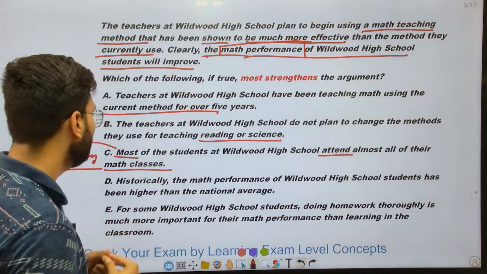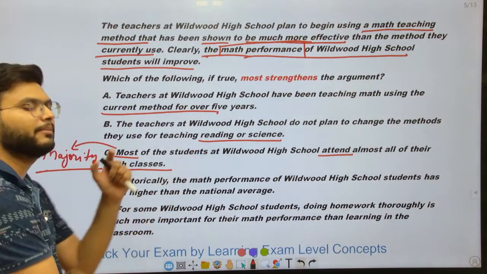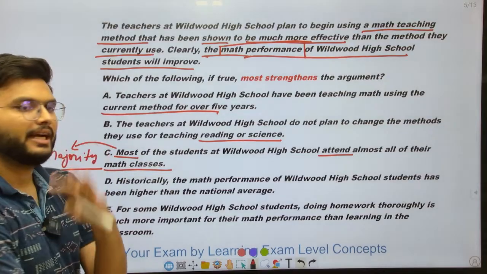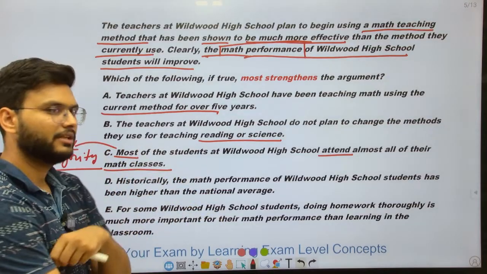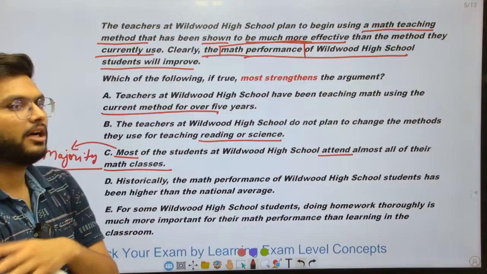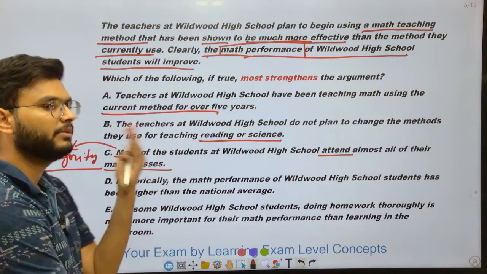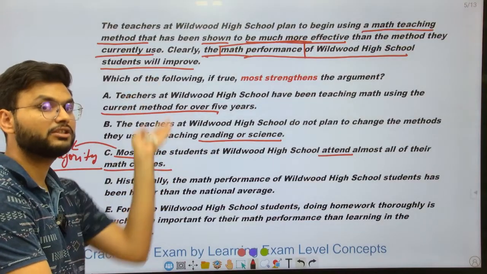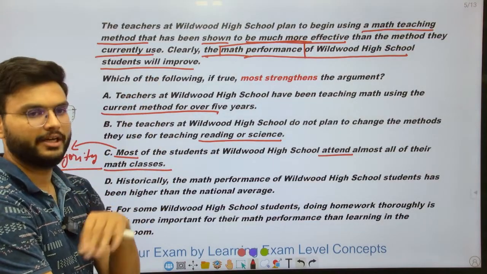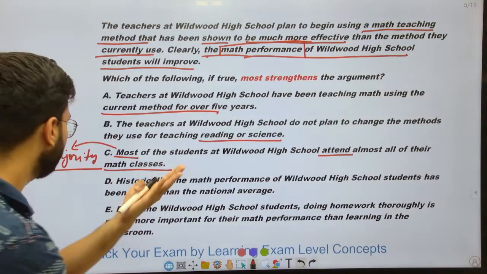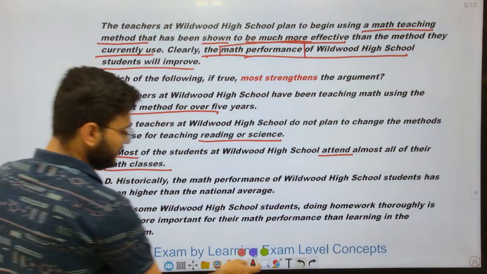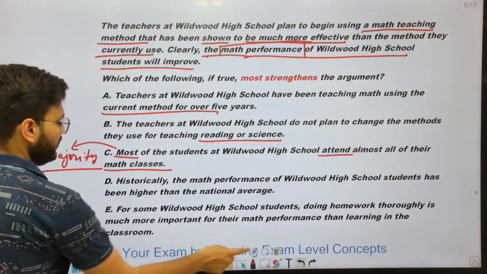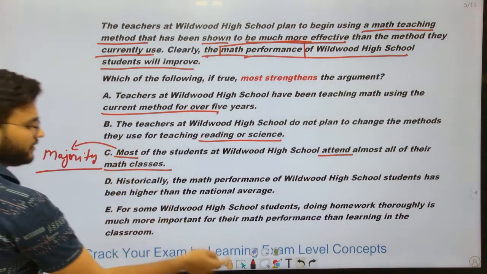It means that you are assuming that most of the students attend almost all of their math class. Because if they do not attend, how can you say that their scores will be improved? It gives support to my conclusion. So this option C could work as a strengthener.